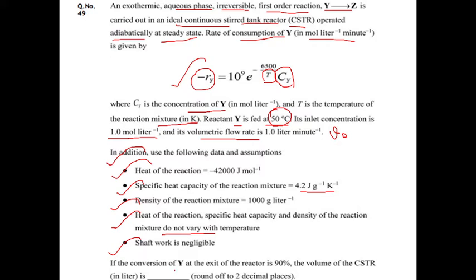If the conversion of Y at the exit of the reactor is 90%, it is denoted as XY is equal to 90%, means 0.9. The objective of this question is to determine the volume of the CSTR in liter. After calculating the volume of the CSTR value, we have to round the result to 2 decimal places.